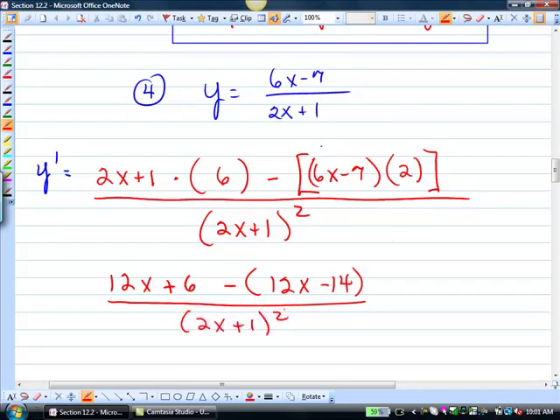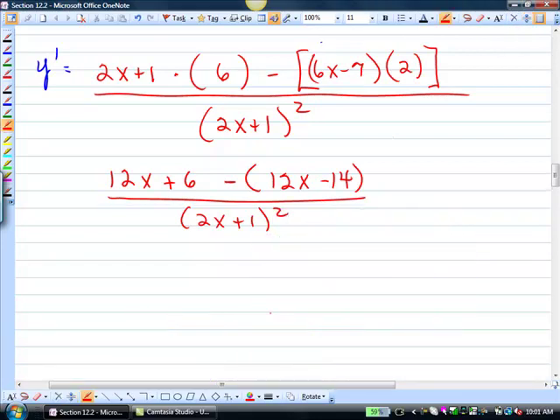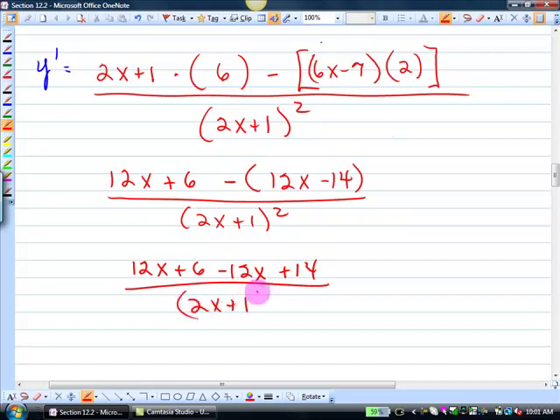If you can do it all in one, that's fine. But okay, might need more room here. Okay, so then just collect and do that. So 12x plus 6 minus 12x plus 14 over 2x plus 1 squared.